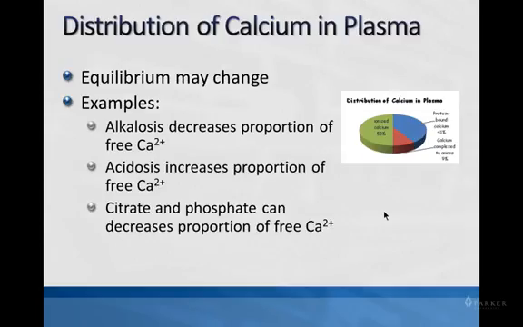So these are things that can affect the calcium distribution. Again, I'm going to emphasize it's the free ionized calcium in the blood that we will closely monitor, and which is going to be subject to regulation by various hormones.